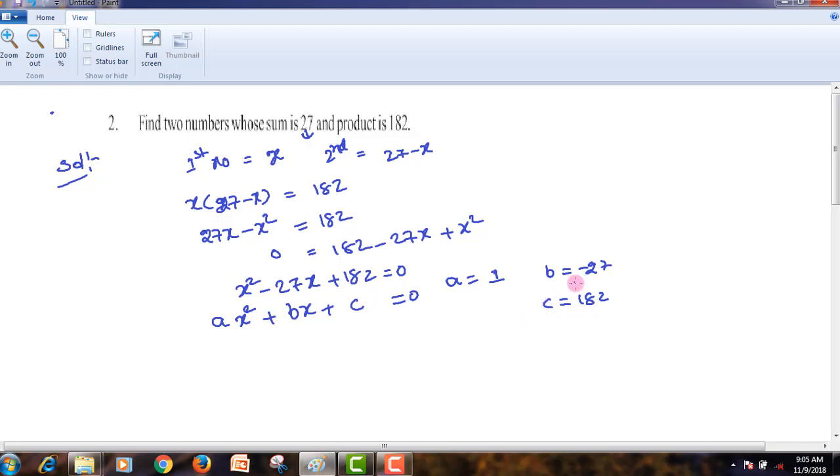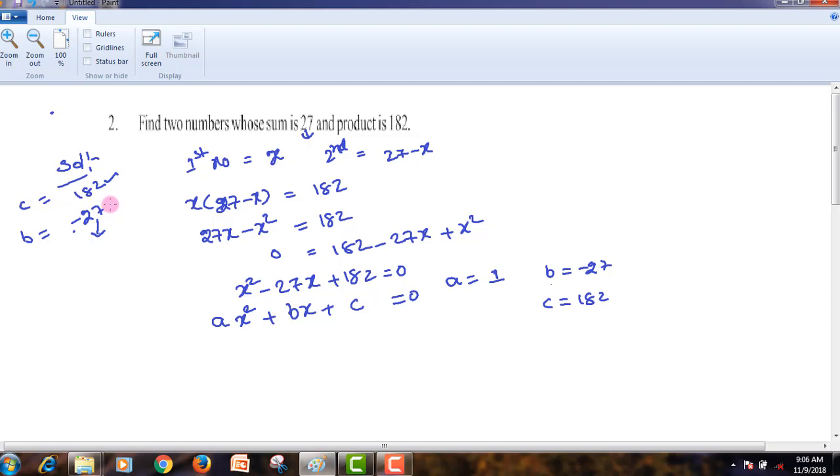Now, here we have to observe the value of b. What is the value of b? That is minus 27. And what is the value of c? That is 182. That means we have to find two numbers whose sum is minus 27 and product is 182.